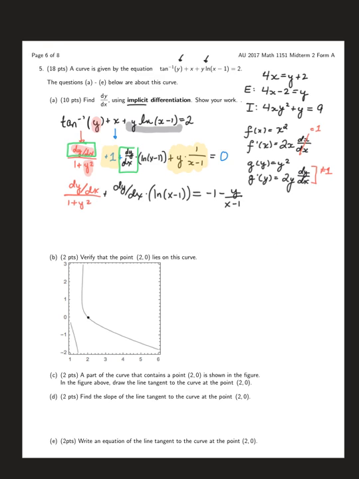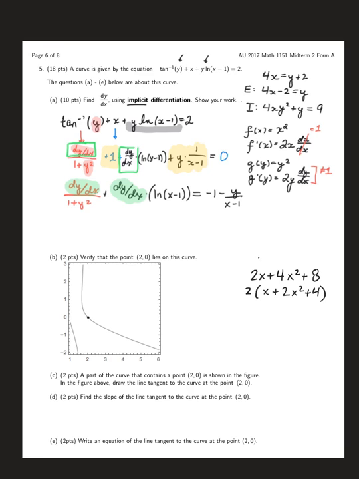Okay, all I did was move stuff to the other side of the equation. And now I'm going to factor out a dy dx. So I'm going to take this thing here and this thing here and pull it out, just like you would do if you had 2x plus 4x squared plus 8. We can factor out a 2 and leave x plus 2x squared plus 4.